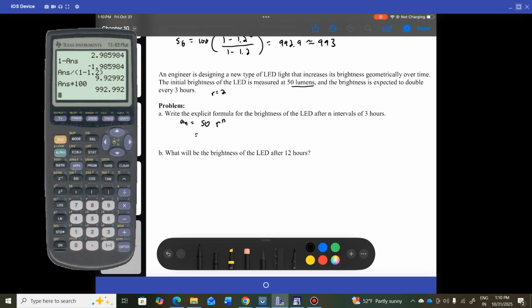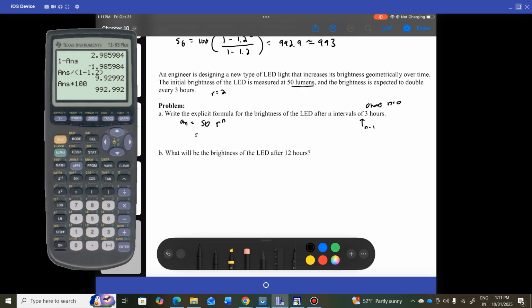So we're starting out at 50. In 3 hours, it should be 100, which means we need that to be a 1. Let me define my n's here. In 3 hours, this is n minus 1. So at 0 hours, we're at n equals 0.